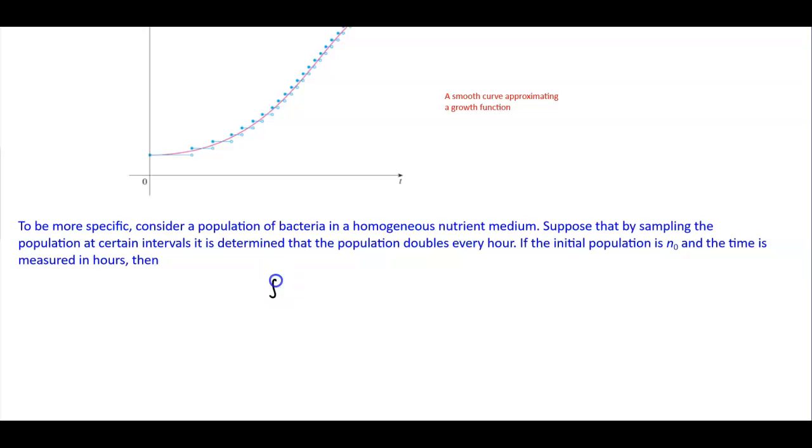We would say that f of 1 is equal to 2 times f of 0, which is equal to 2 times the initial. And then if we want to find f of 2, then that's going to equal 2 times f of 1, which then becomes 2 squared times n, or the initial.